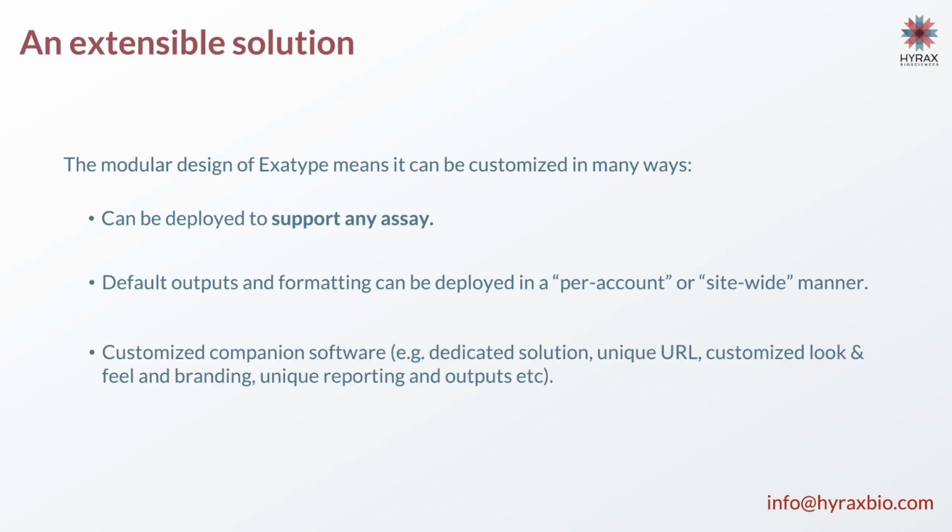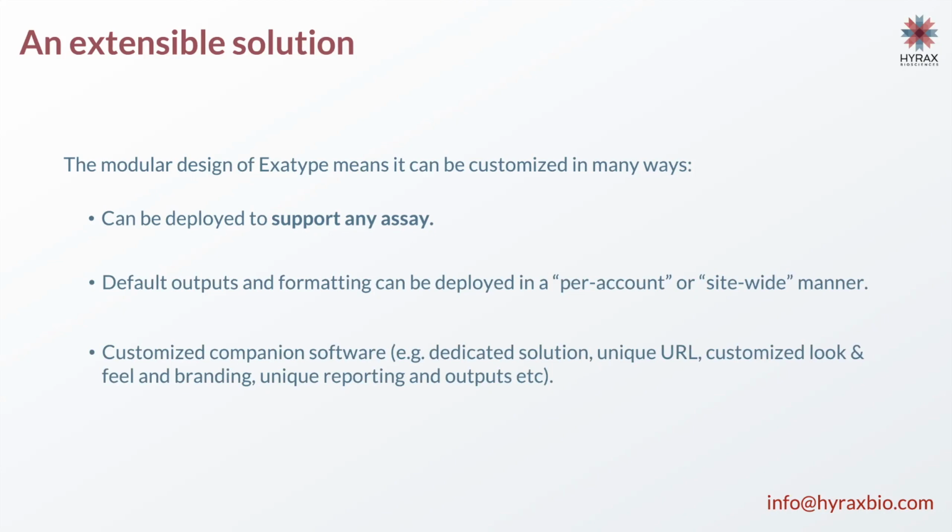And I think the key one here is that it can actually be offered as customized companion software. And so Imogen did mention that we have some partnerships in a number of solutions, but in the SARS-CoV-2 solution space, for example, we've partnered with Paragon Genomics. They have produced a step 1 assay for sequencing SARS-CoV-2, and essentially we are able to customize Exatype to support their product.